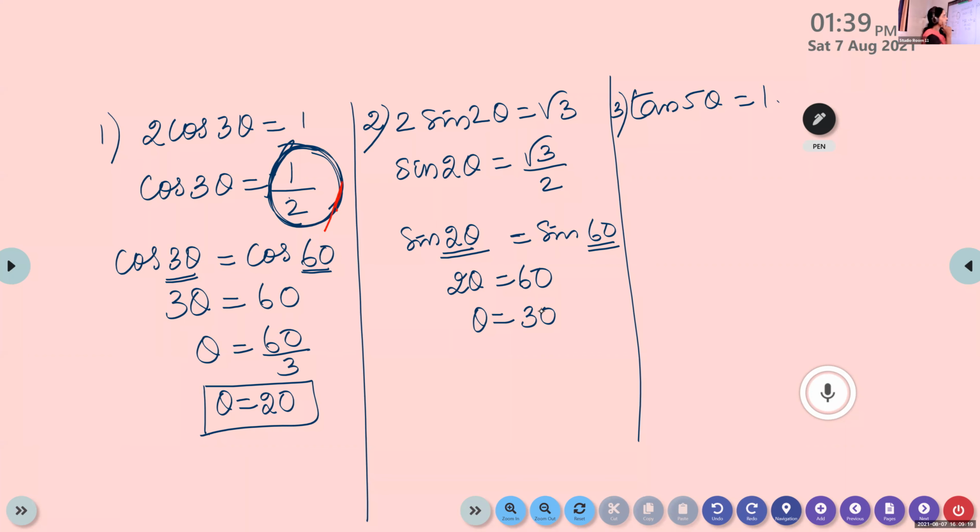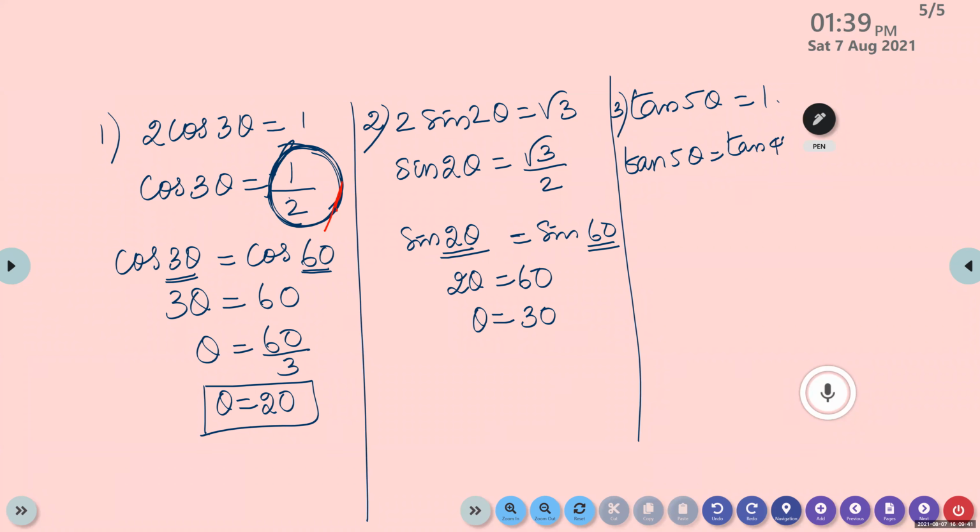Now, look at the next one. Tan 5 theta is 1. In tan, for which value will you get 1? Tan of dash is 1. 45.